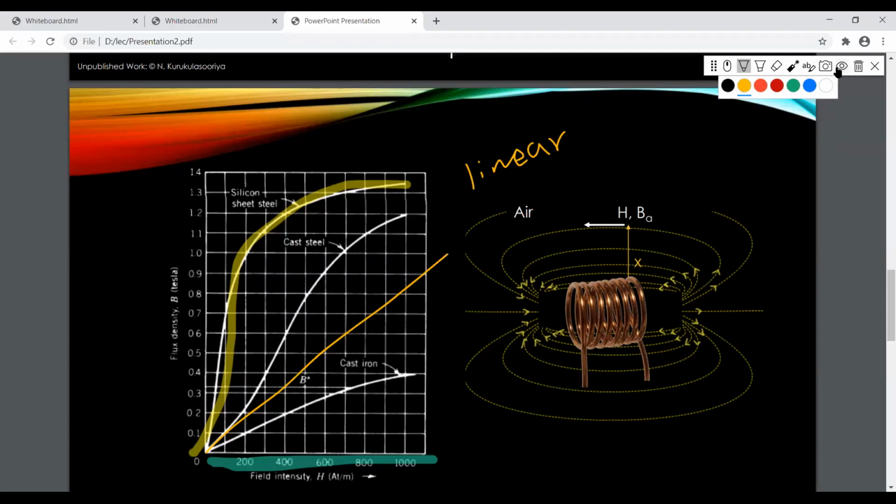In this case, you can see clearly that this is not linear, and the variation gives rise to a curve like this. This we call the magnetization curve for this particular material. Magnetization curve.